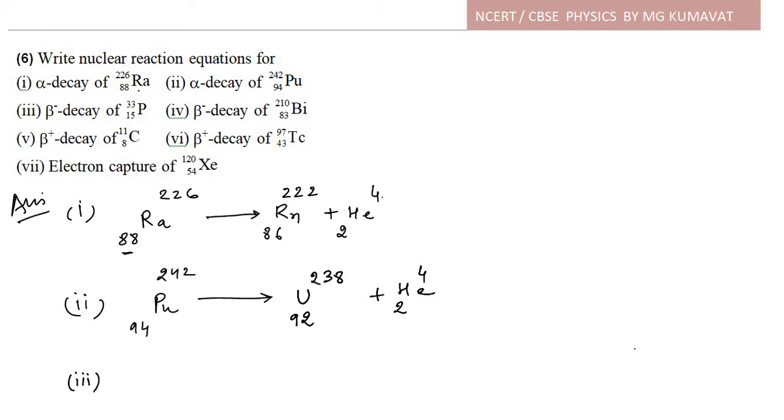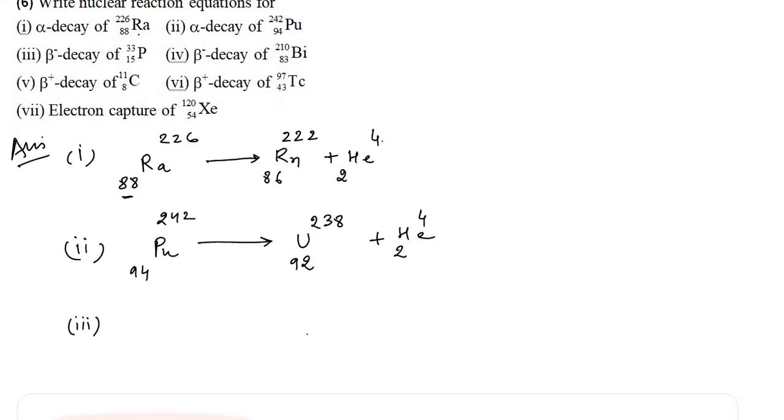Third reaction, beta decay from phosphorus. Phosphorus is given to us with atomic number 15, atomic mass 33. Beta minus decay means an electron is emitted from the nucleus. Actually, a neutron changes to a proton and an electron.